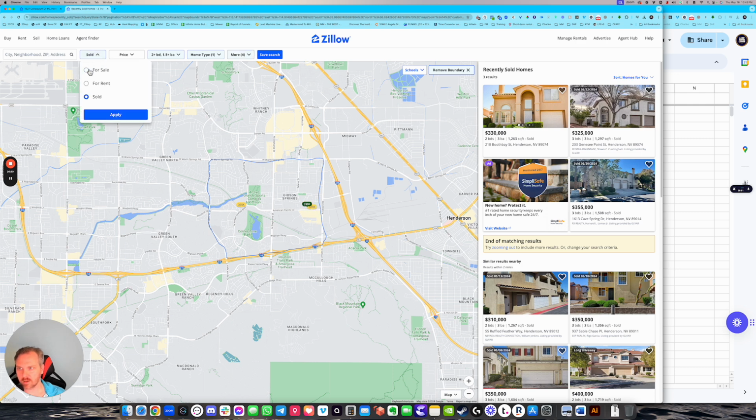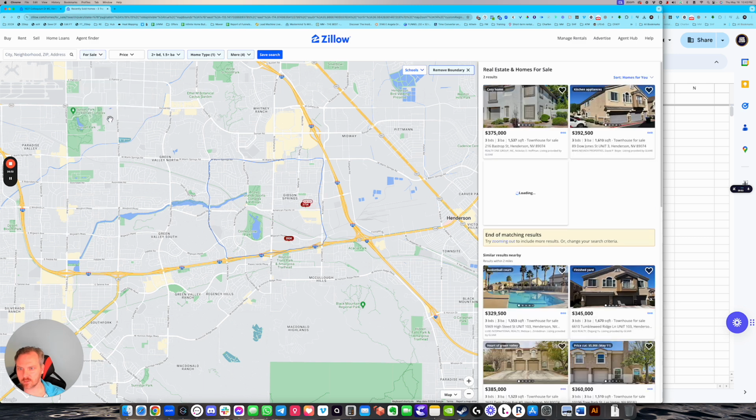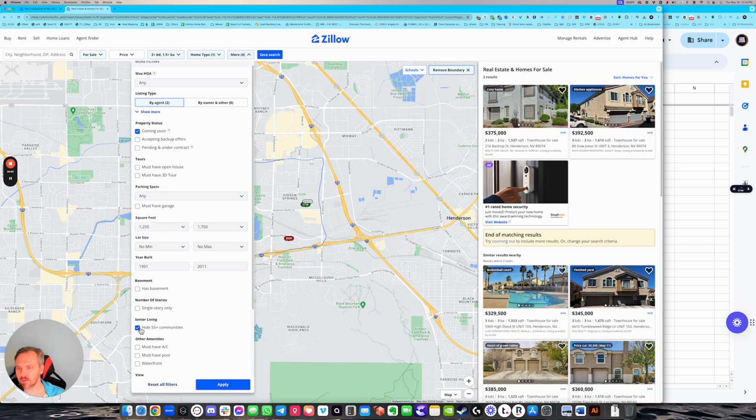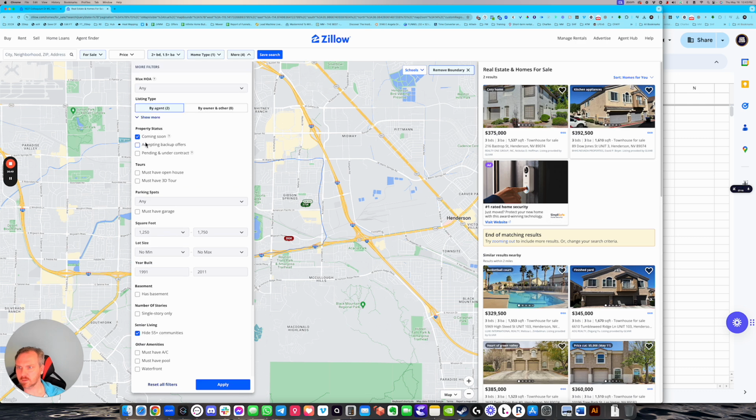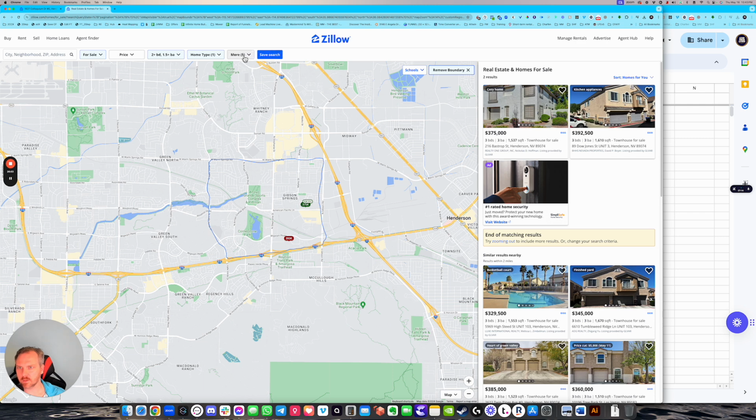Now, if I come in here and I change this to for sale, you can see that there are 2 properties currently listed for sale within this area, which is really weird because something is... I got to take out the coming soon. There we go.